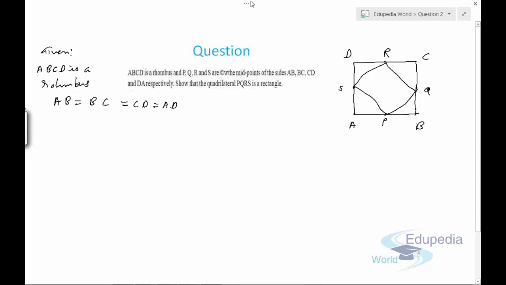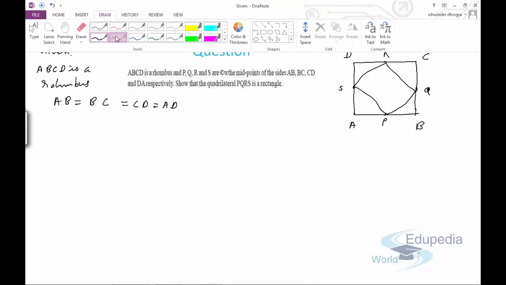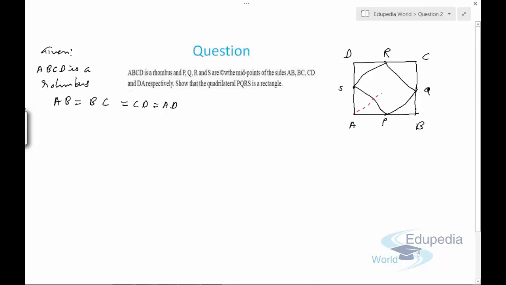If we draw a diagonal AC, and now consider triangle ACD, in triangle ACD, S and R are again the midpoints, and these two midpoints are joining two sides of a triangle. So again by the midpoint theorem we can say that SR is parallel to AC and SR is half of AC.